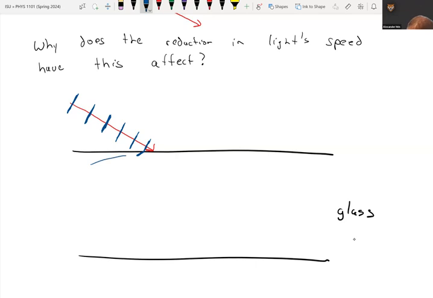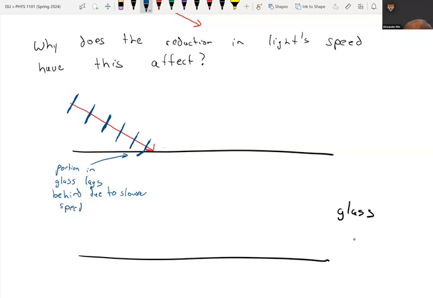The whole idea is that the portion in glass lags behind due to slower speed.